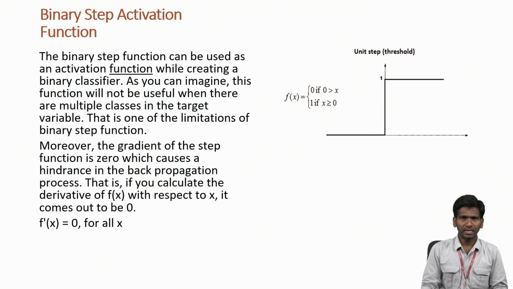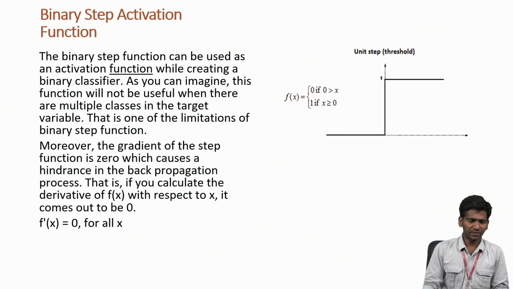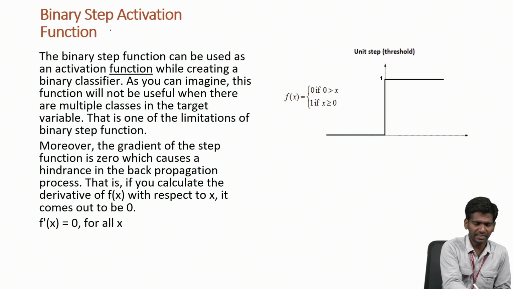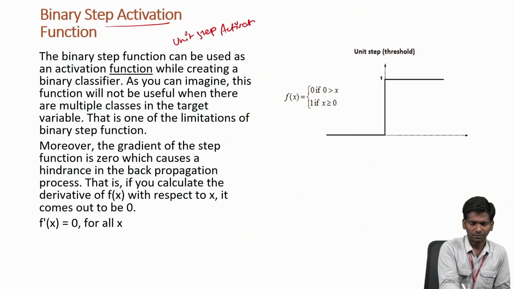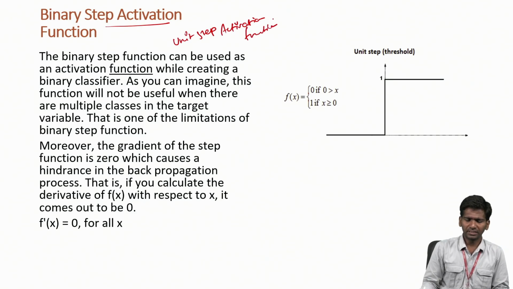There are different activation functions. The very first activation function is the binary step activation function, or unit step function. We can also call it the unit step activation function; both mean the same. If you see the graph, for all the negative values, the value is 0.